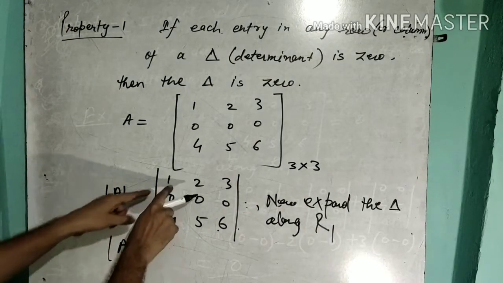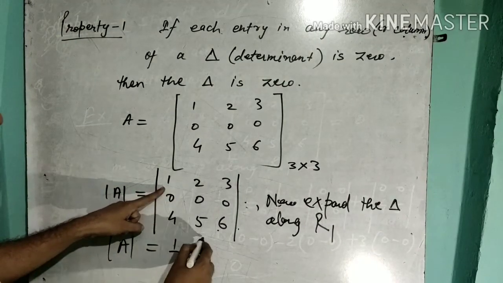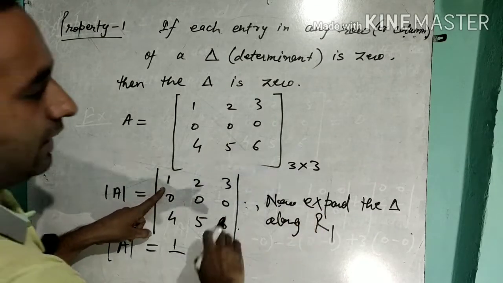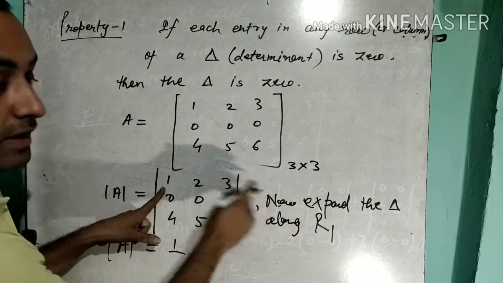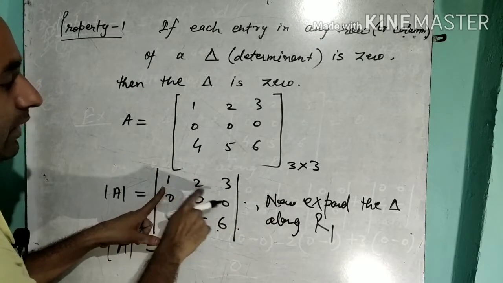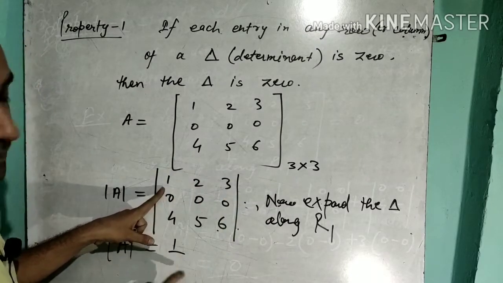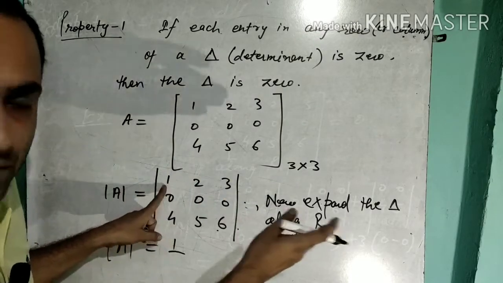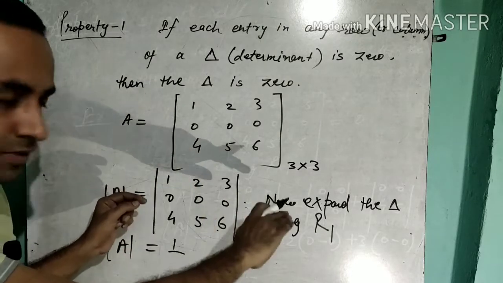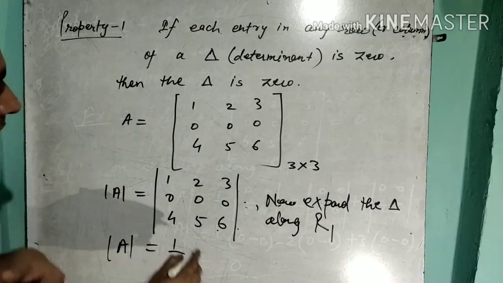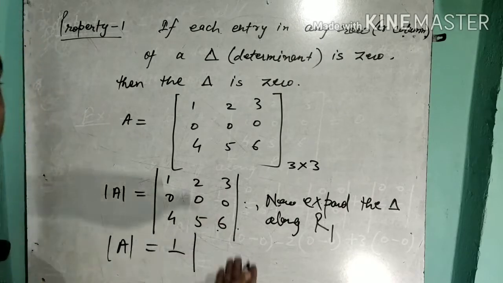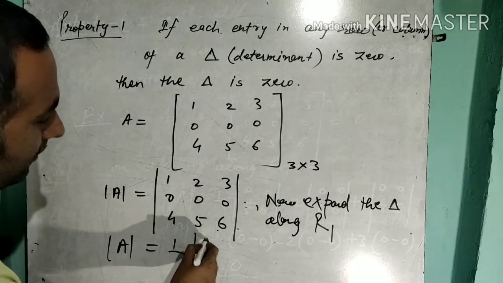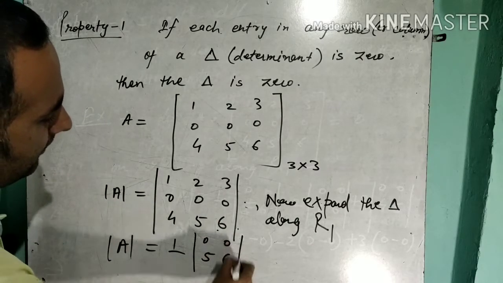The elements of R1 are 1, 2, 3. First we take 1, which lies in the first row and first column. We delete the first row and first column, and we have the second order determinant 0 0, 5 6.